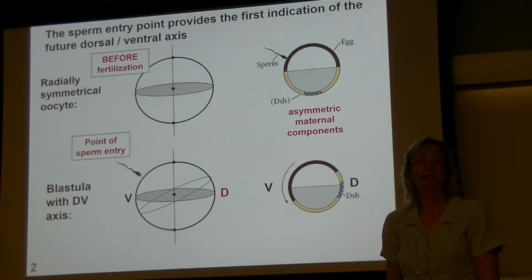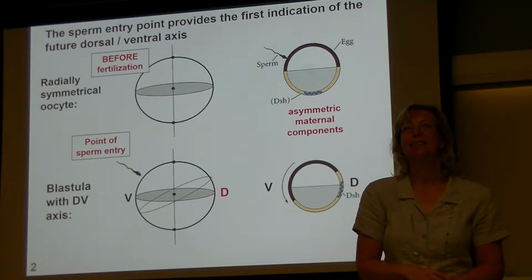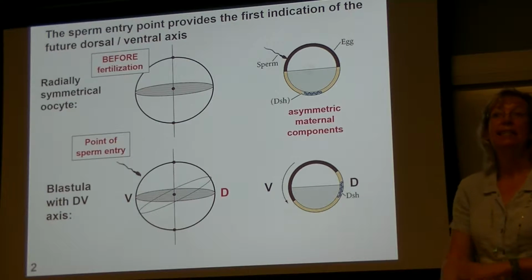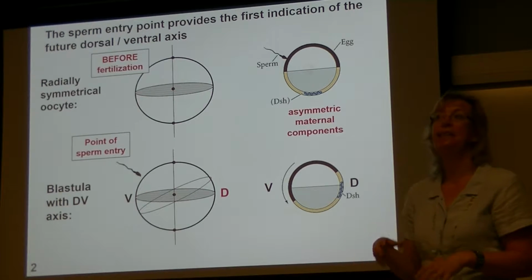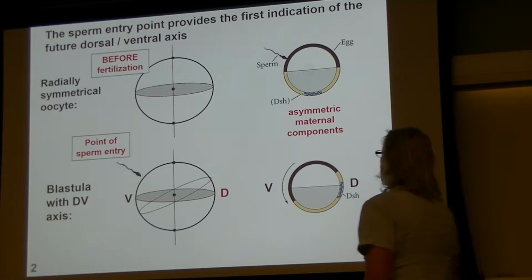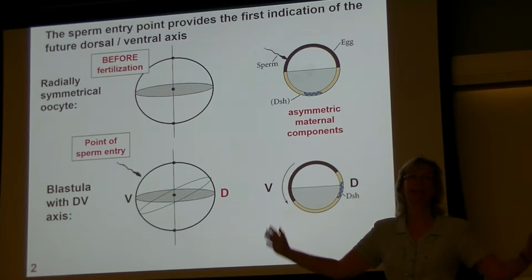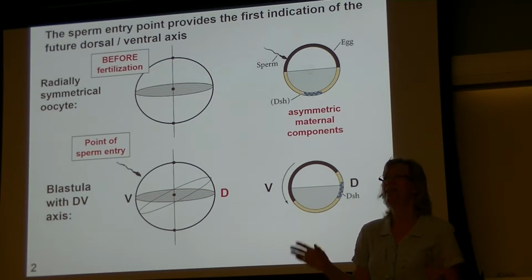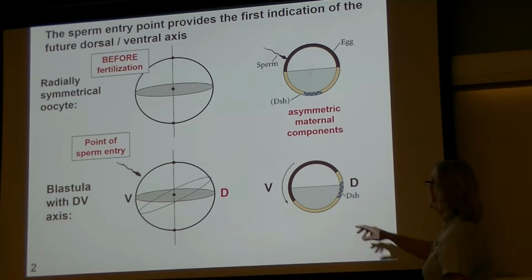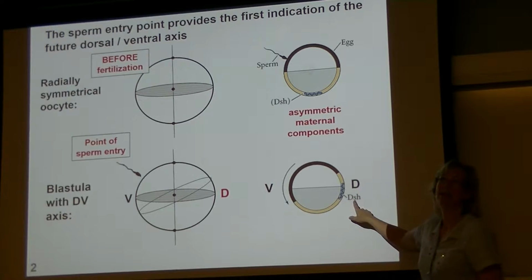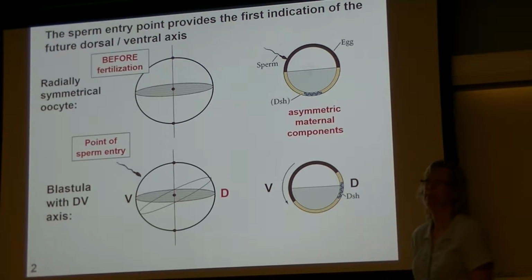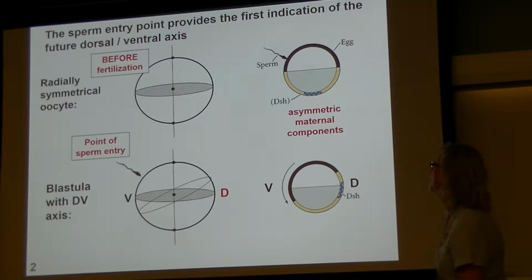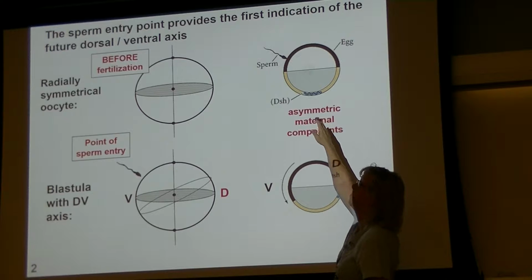Another thing that we talked about last time, that you did an in-class exercise on, is the idea that the mother is putting RNAs and proteins into this egg. And they are not necessarily evenly distributed throughout the egg. In fact, they're not evenly distributed. So one of these, just an example, is a protein called Disheveled, DSH, represented by little blue dots. Initially, that's found more down in the vegetal pole here.